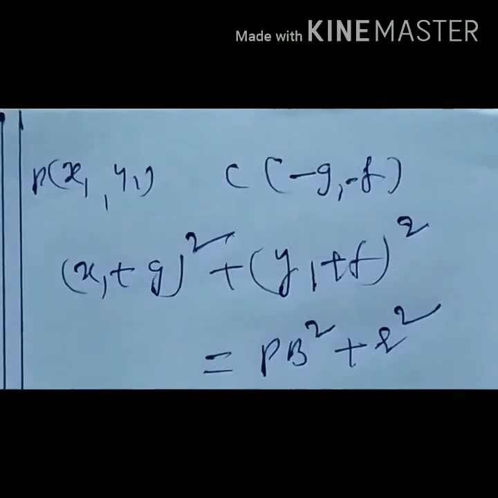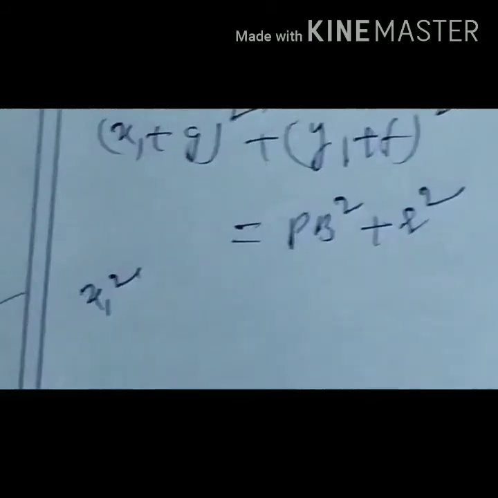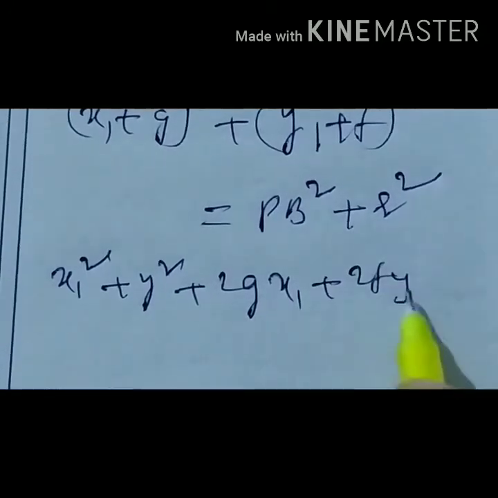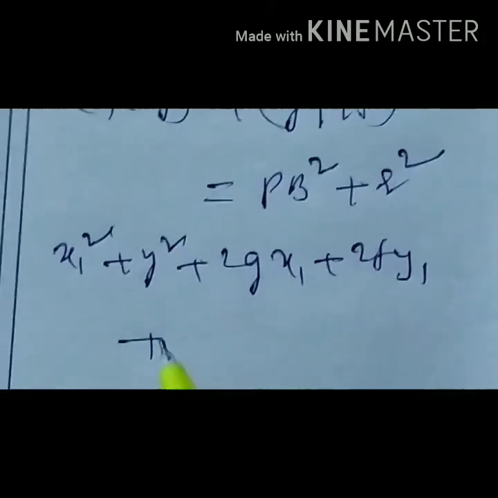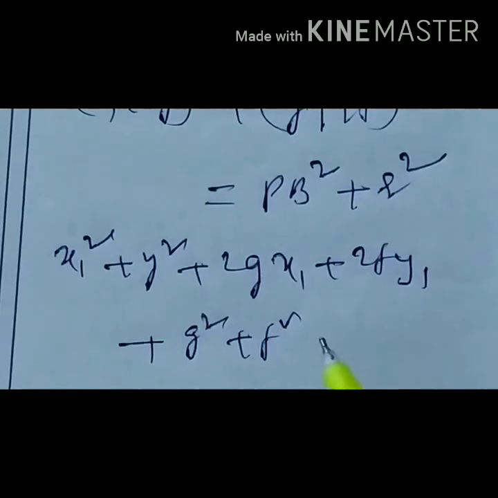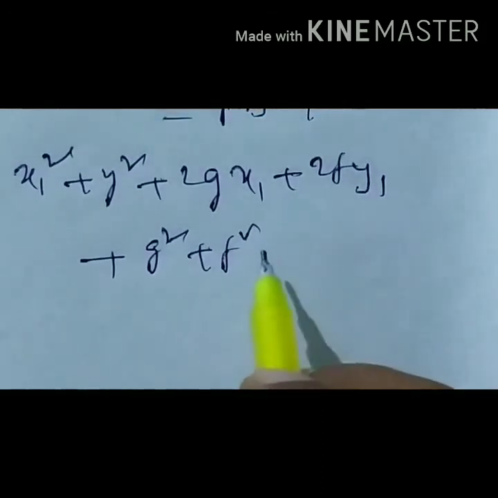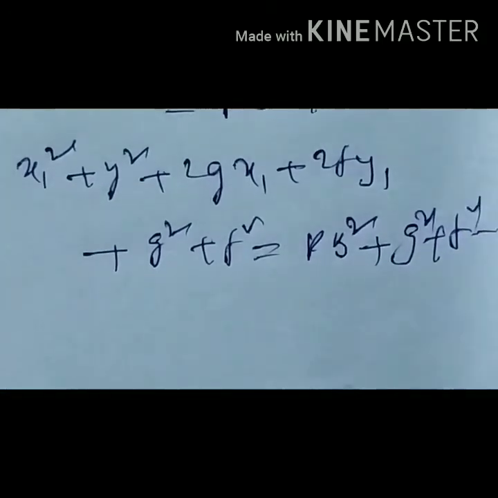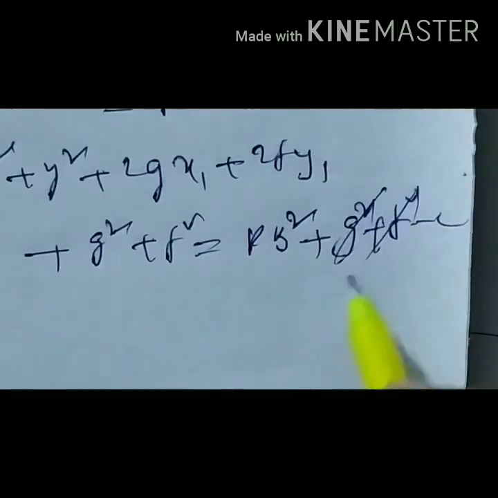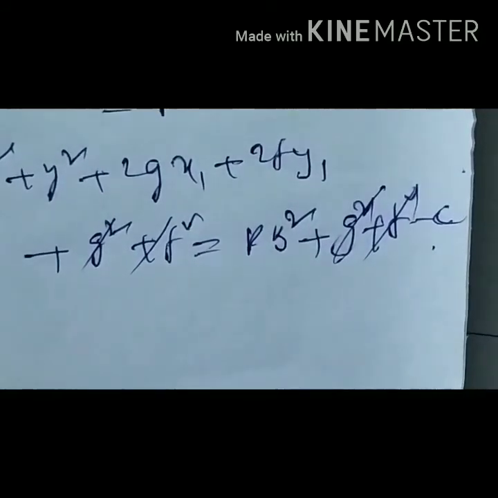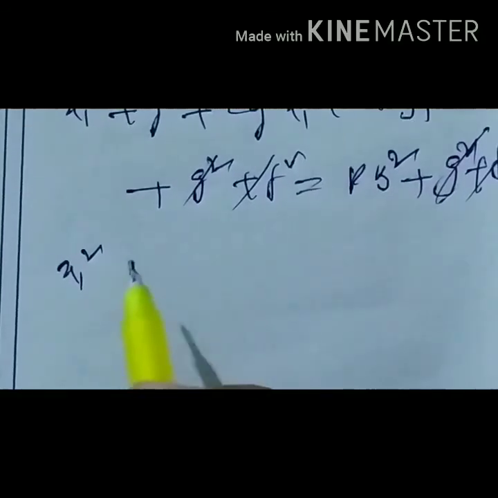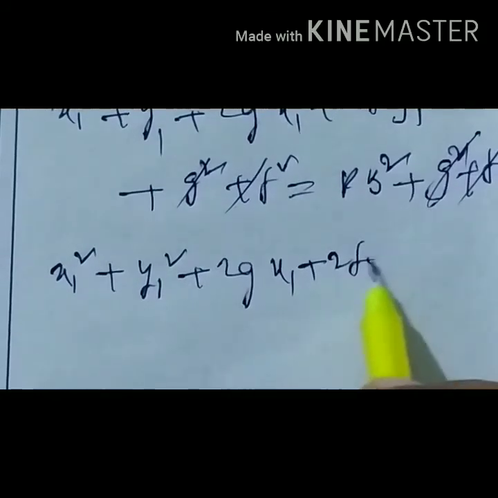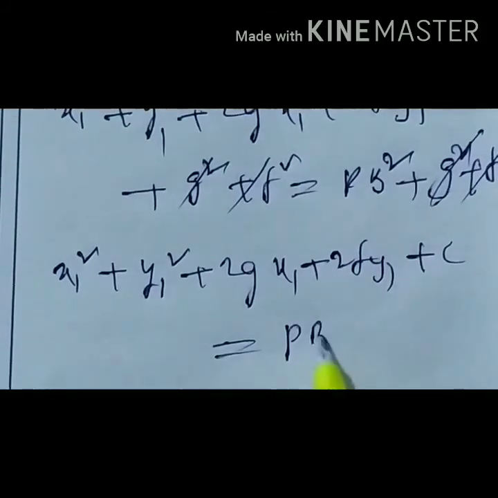By expanding both sides, x1² + y1² + 2gx1 + 2fy1 + g² + f² is equal to PB² plus r², that is g² + f² − c as the radius squared. g² + f² cancel. c goes to this side, becoming plus c, that implies x1² + y1² + 2gx1 + 2fy1 + c is equal to PB².